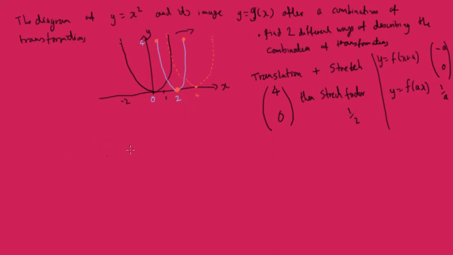Let's think of doing the stretch first. So if I'm going to just draw it again, it's far too big. And I'm going to put the g of x again in a different colour.